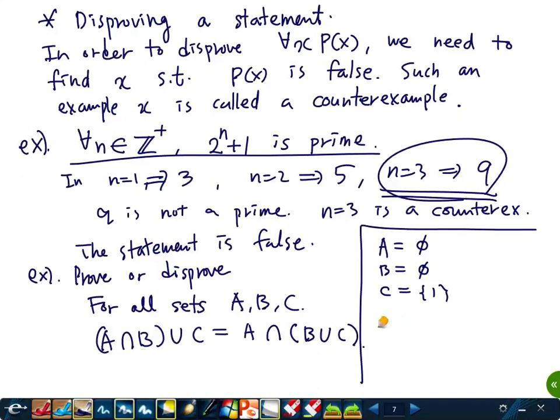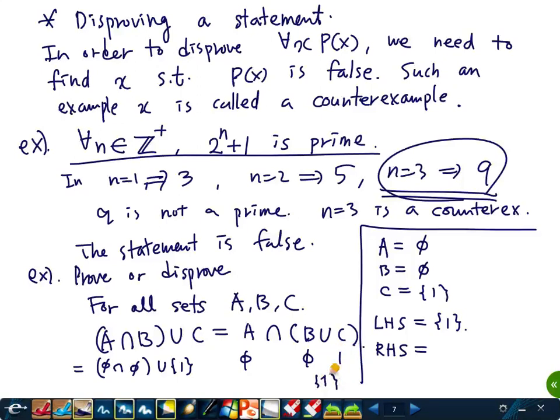Okay, let's compute the left-hand side. What is this part? Empty intersect empty, union 1. So this is empty, right? This is 1. So let's say the left-hand side is 1. What is the right-hand side? This is empty, empty, and 1. This is 1.